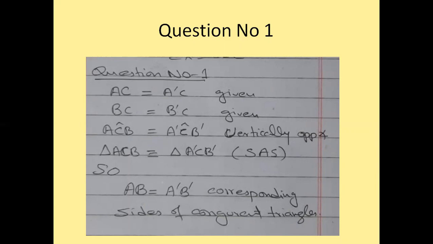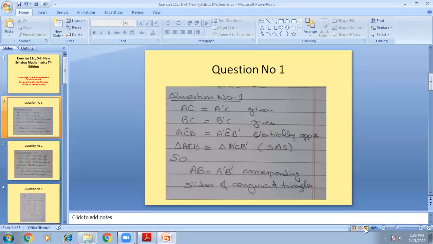The reason is side, angle, side. So we can say that AB will be equal to A prime B prime because they are the corresponding sides of the congruent triangles. AB was the width of that pond. So if you measure A prime B prime, that will be equal to AB, which is the width of the pond. So this is how you will prove question number 1.